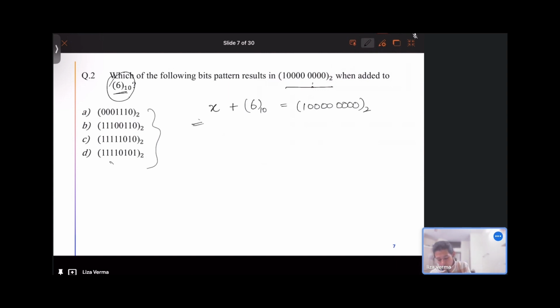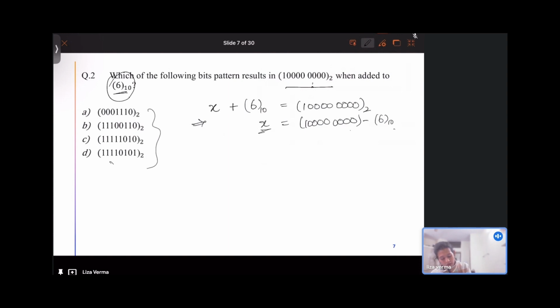So x would be 1 0 0 minus 6 in base 10, right? So after doing this operation we'll get x, right?